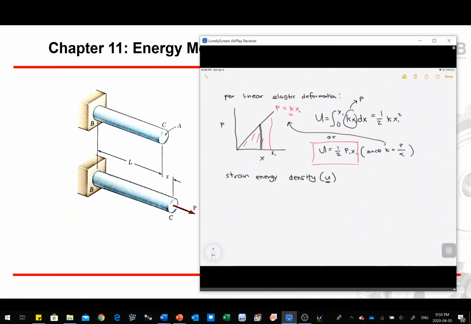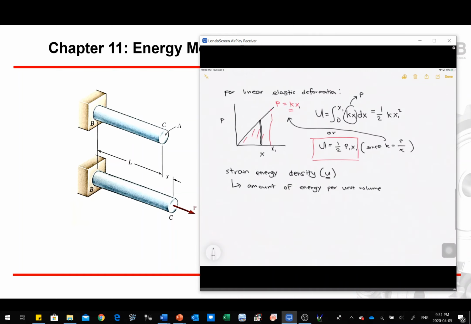Strain energy density is the amount of energy per unit volume, which means if we have a strain energy, we just have to divide it by its volume.